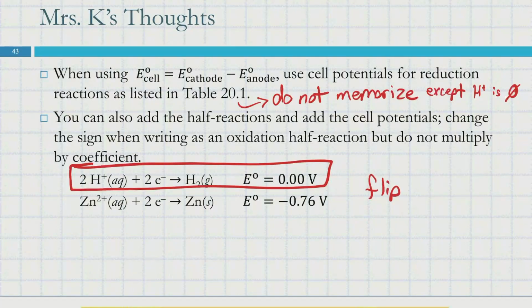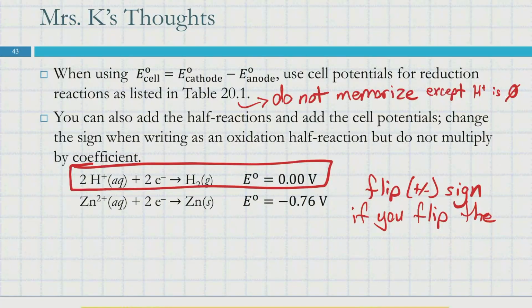So you're going to flip the positive negative, flip the sign, if you flip the equation. We're not doing anything with coefficients for these, so you're not going to multiply it by 2 or 3 or a half.